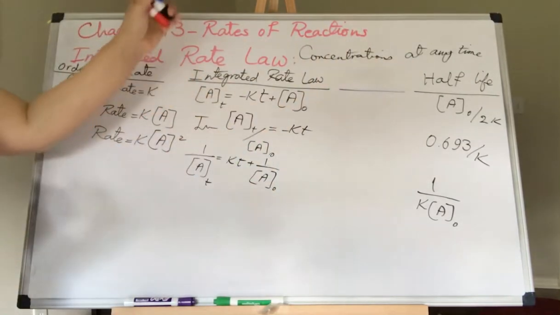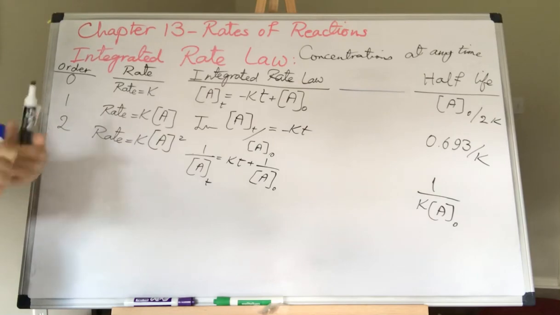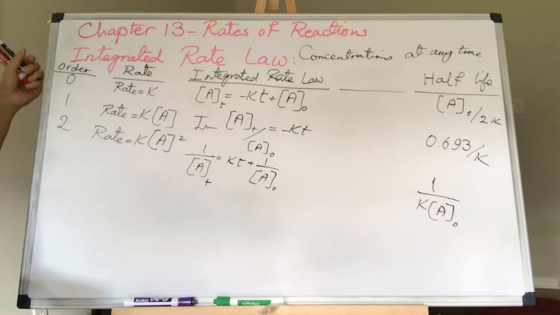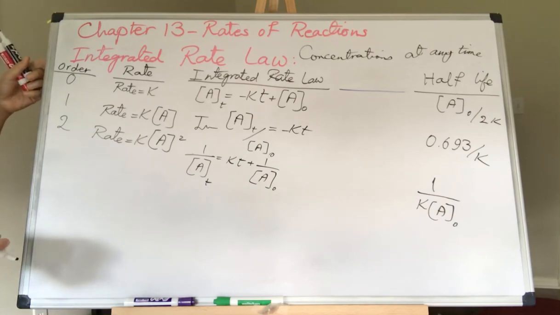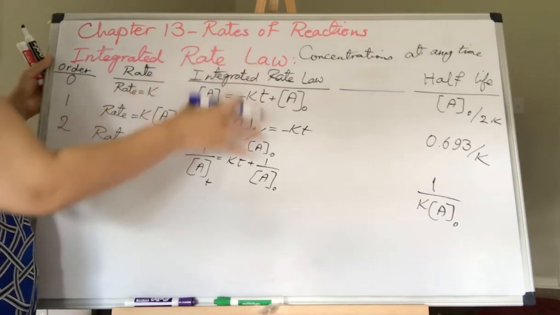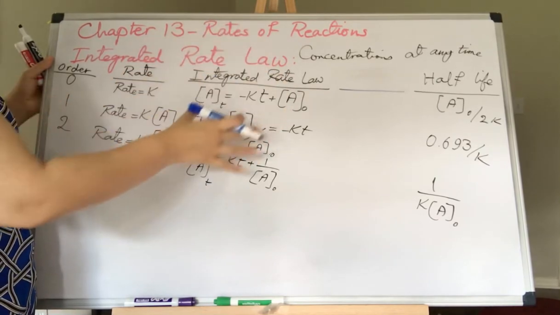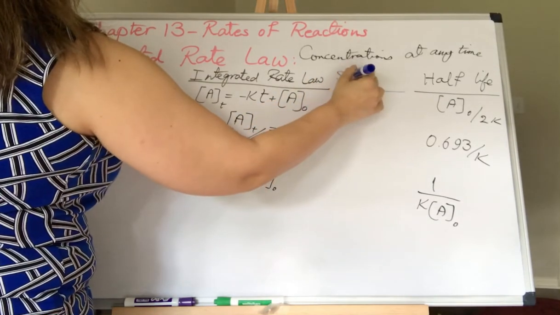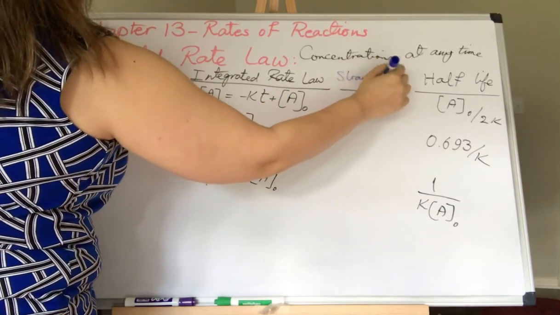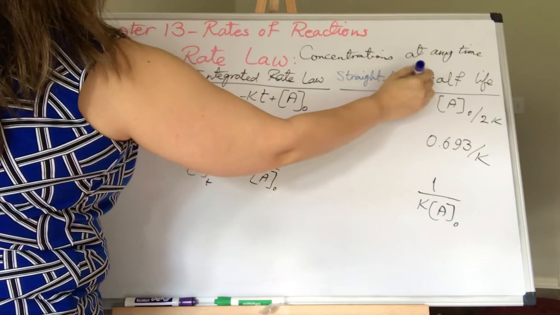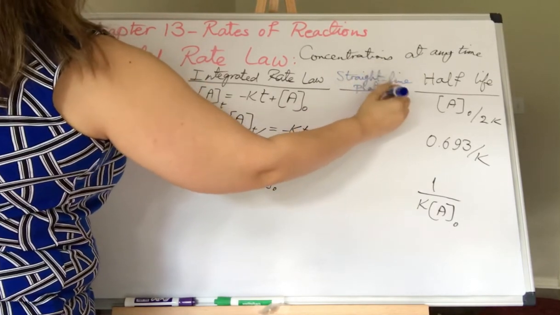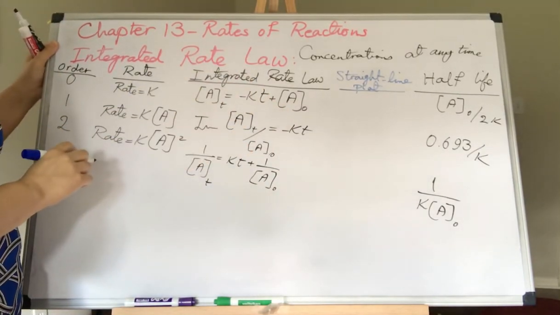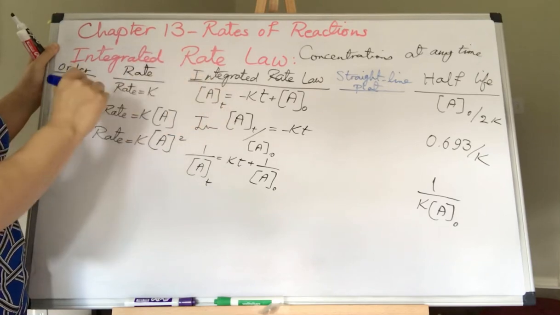Why? Because if a diagram is given to you and you're supposed to find the order of reaction from that diagram, let's find out which one, what is the components of this diagram. They are all in the form of a linear equation.